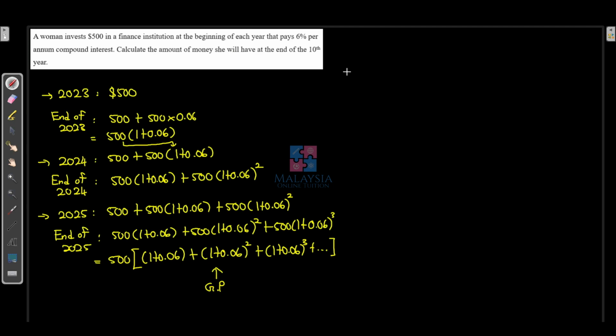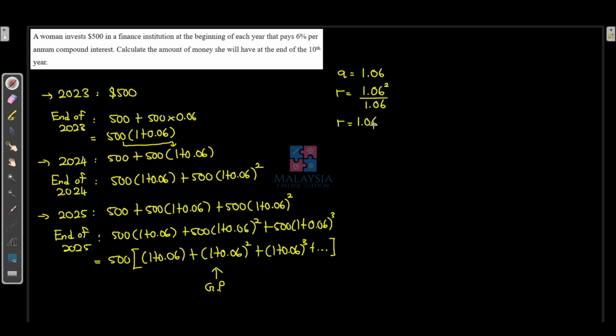Okay, so for our A, you can see that it is 1.06, because from just now I've been writing 1 plus 0.06. Now I'm writing 1.06. About the R, we have the second term, which is 1.06 squared divided by 1.06. So definitely this is going to be 1.06.